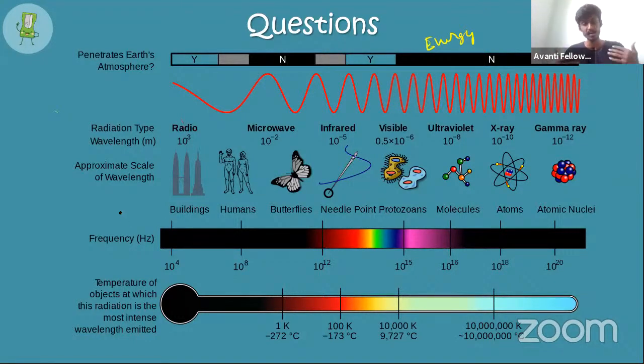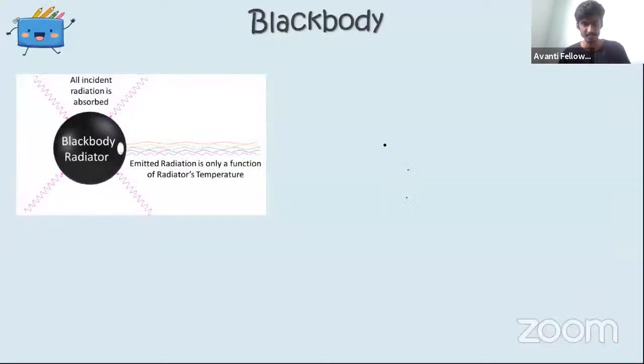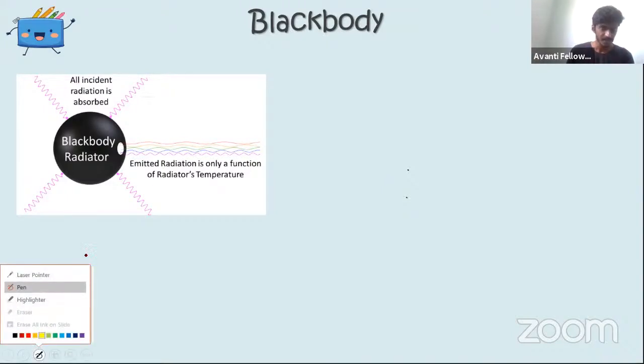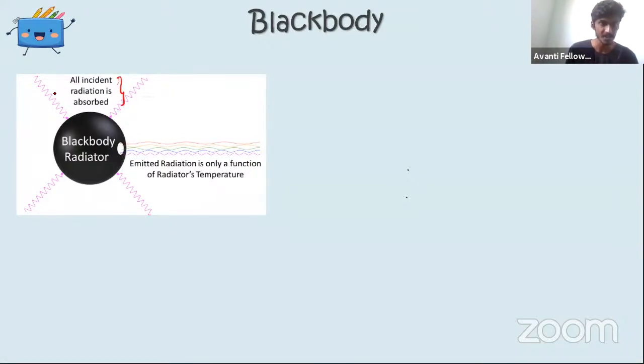So very simple. Radiation is nothing but pure energy. When that energy gets transferred to you or any body, it heats up. That's as simple as that. Every body heats up, and there is one object which heats very much. That object is called a black body. So what's a black body? A black body is an object which can absorb all the incident radiation on it.